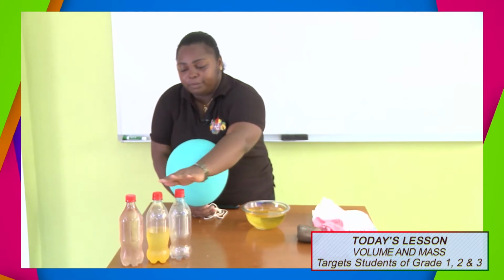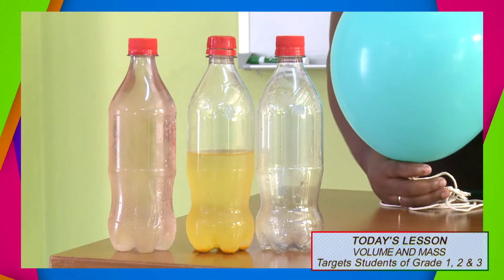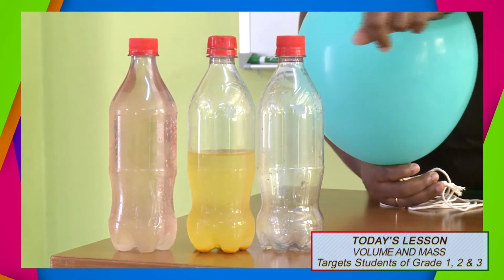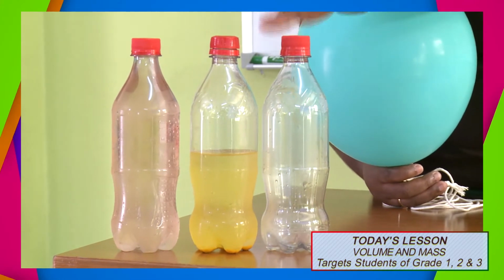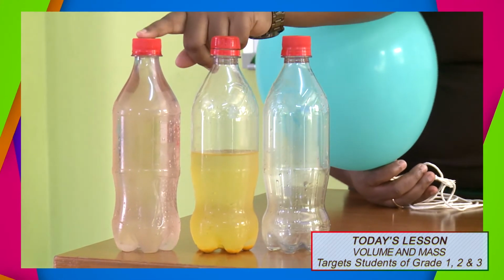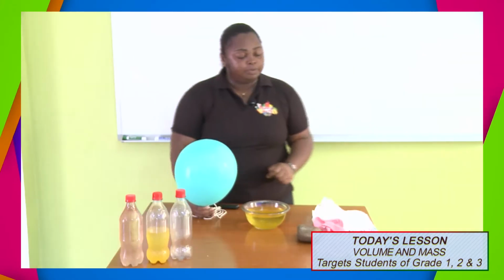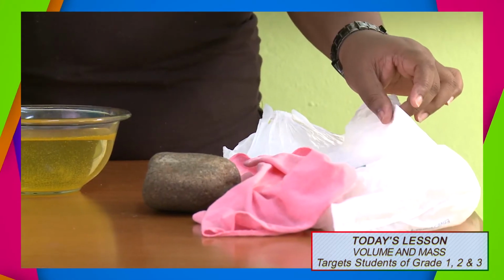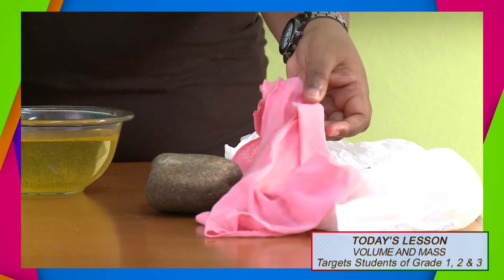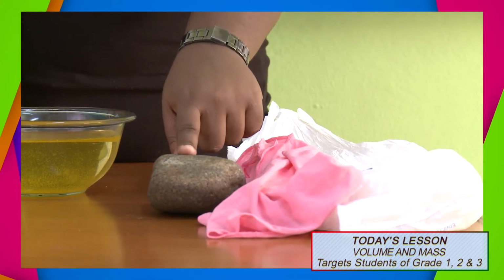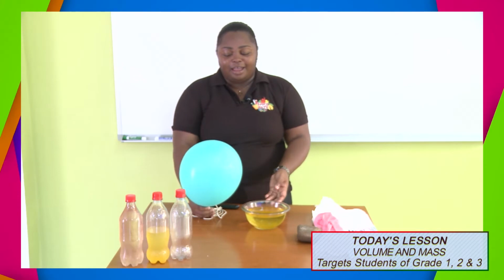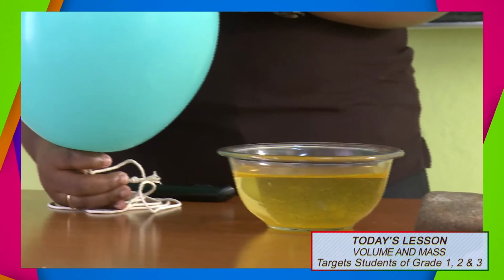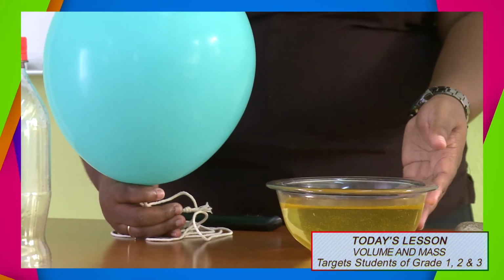Over here, I have 3 bottles that are of the same size and height. One is empty, the other is half full, and the last one is full. Over here, I have a plastic bag, a fabric, and a rock. Here, I have a balloon with helium, a bowl, and liquid.